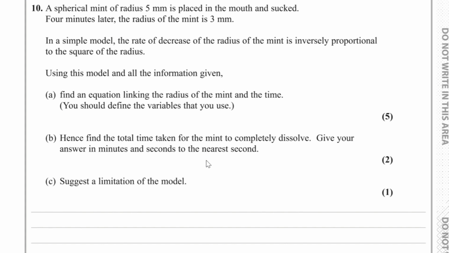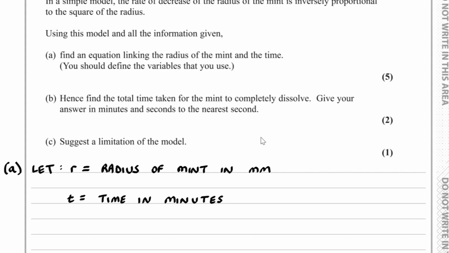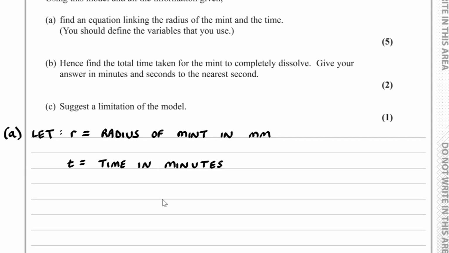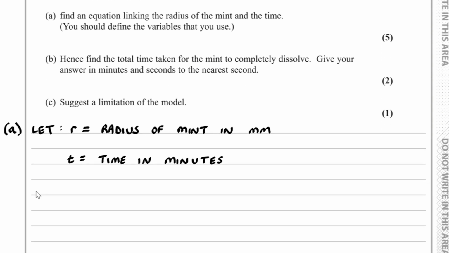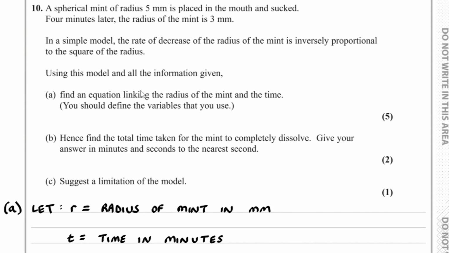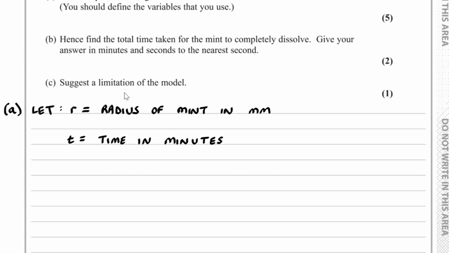Well, if we first of all define the variables that we use, we will let r equal the radius of the mint in millimeters and t equal the time in minutes. And we know that the rate of decrease of the radius is inversely proportional to the square of the radius.